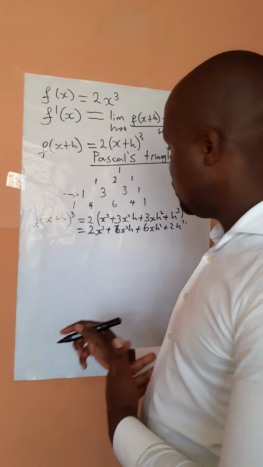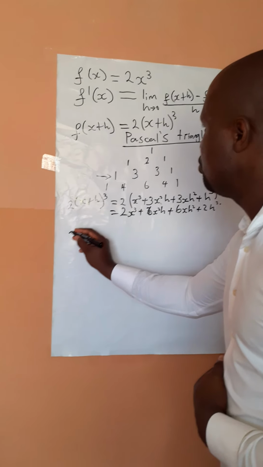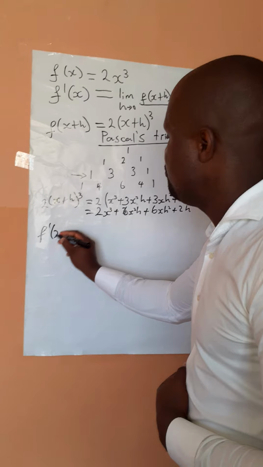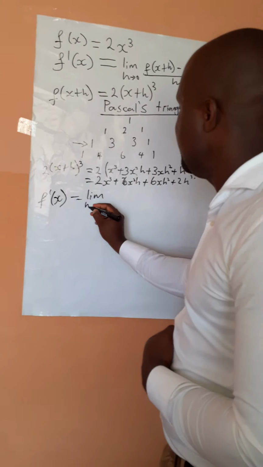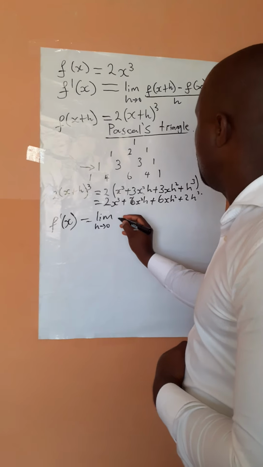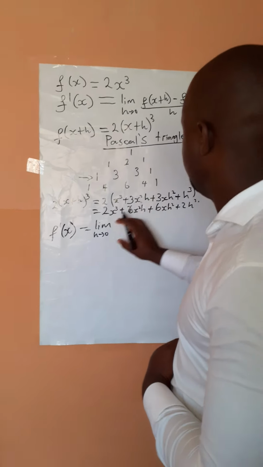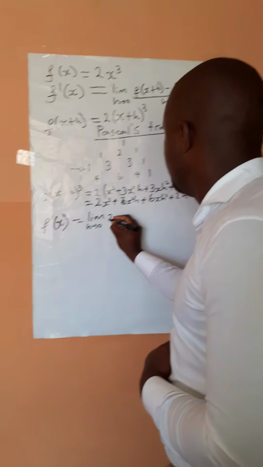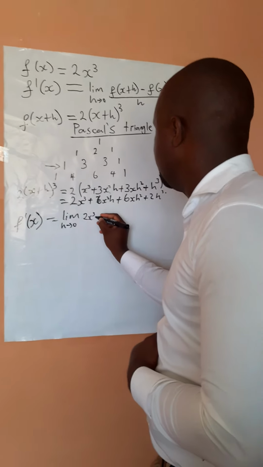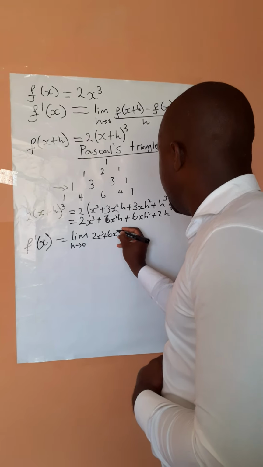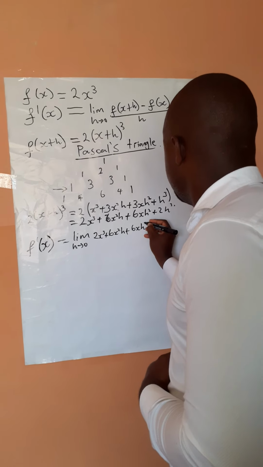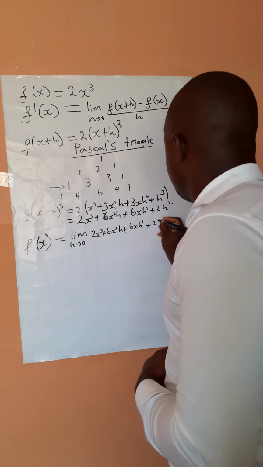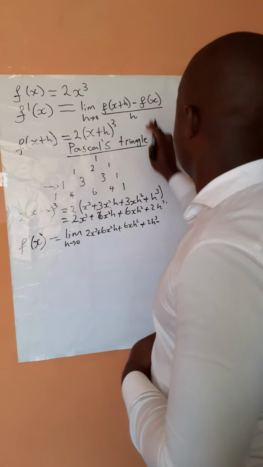So this is what we're going to do next. We substitute here. f prime of x is equal to the limit as h tends to 0 of our function of x plus h, which is 2x to the power 3 plus 6x squared h plus 6x h squared plus 2h to the power 3, minus a function of x.